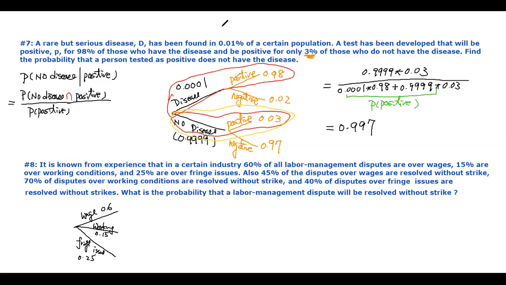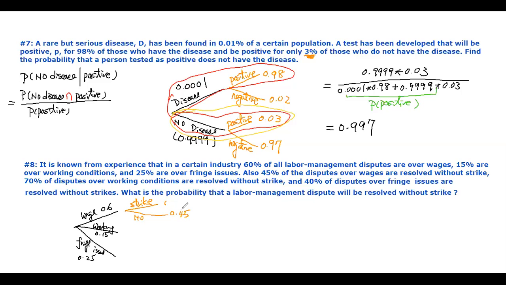So now what is the strike? Okay, so this is a strike and this is no strike here. Okay, if it's over the wage issues and 45% are resolved without a strike, it's 0.45, correct?